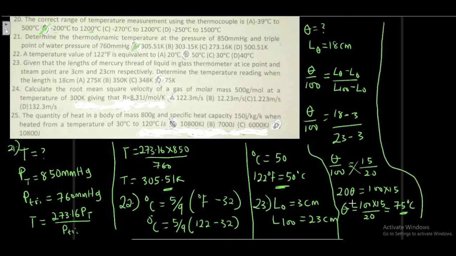So for question 23, our final answer in Kelvin will be 273 plus 75, which gives us 348 Kelvin, which is option C.